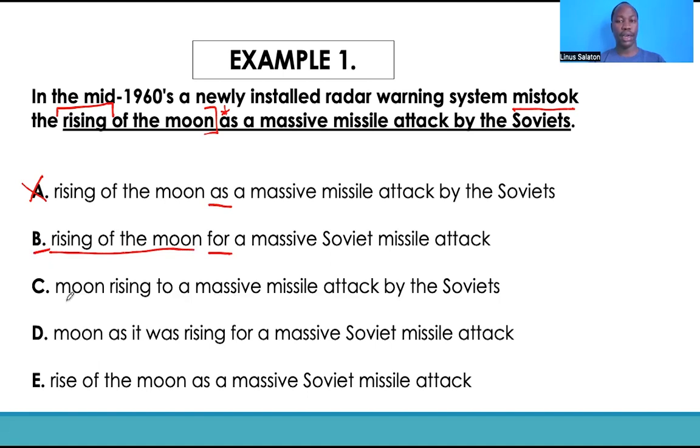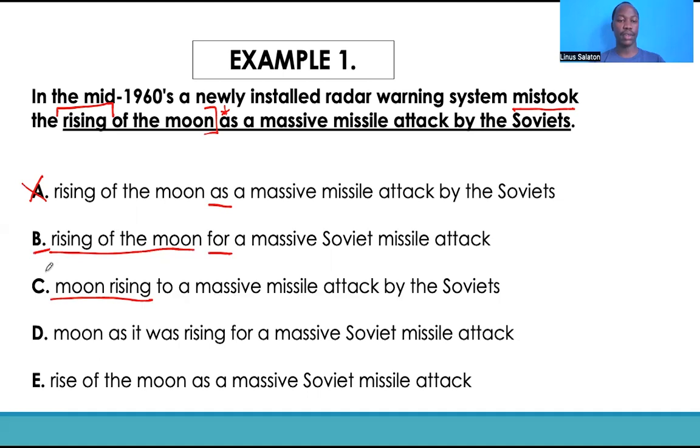C says, mistook the moon rising to a massive missile attack by the Soviets. This noun phrase alters the meaning of what is being conveyed. What is being mistaken is the rising of the moon. Here this answer choice is telling us that moon rising, which is more of an action, doesn't really describe what the radar warning system mistook.